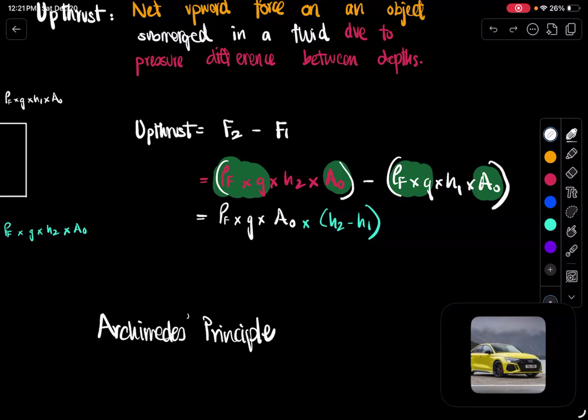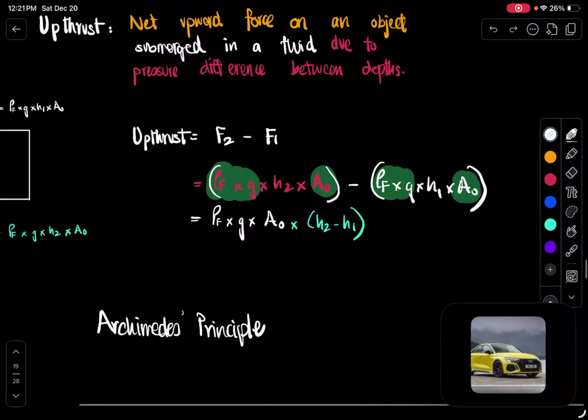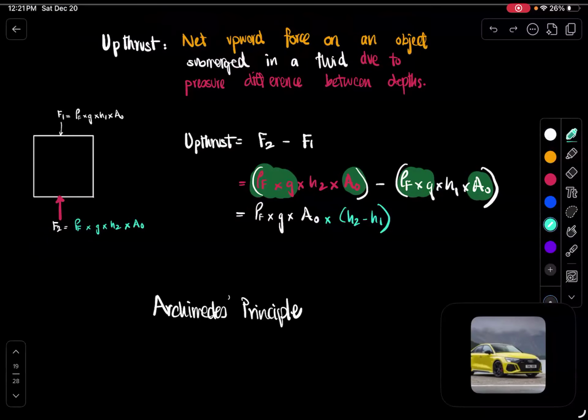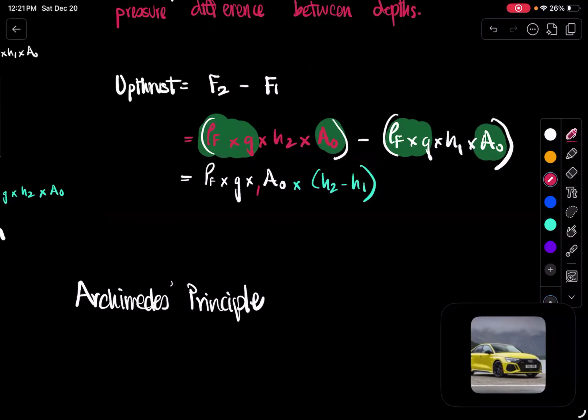Now, if you remember, what was volume? I'm sure I told you that earlier. Volume is always just area times the height, right? And isn't this basically area times height?